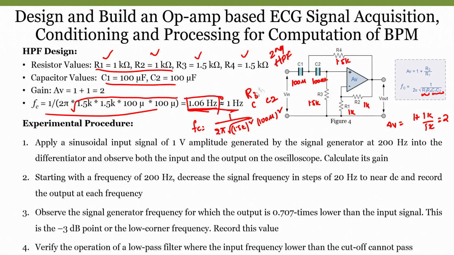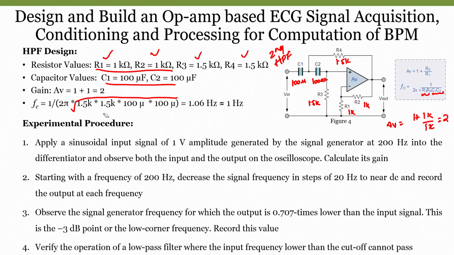Now, how do we understand this? Similar to our low pass filtering circuit, we will do the circuit design in a circuit design simulation software. We are using Multisim, with the same resistance values and capacitance values.